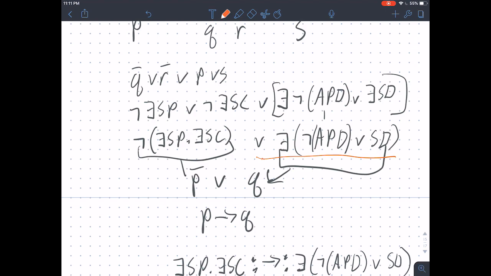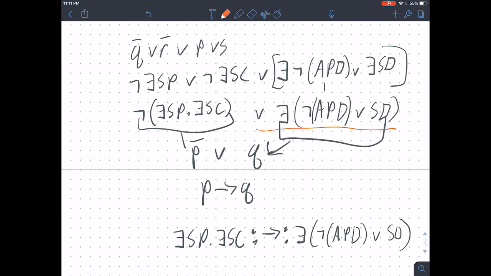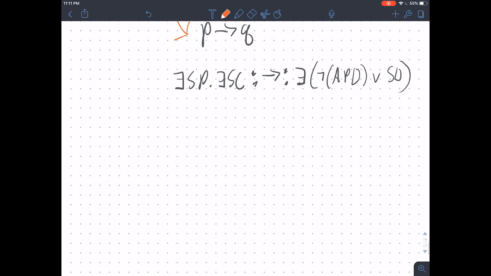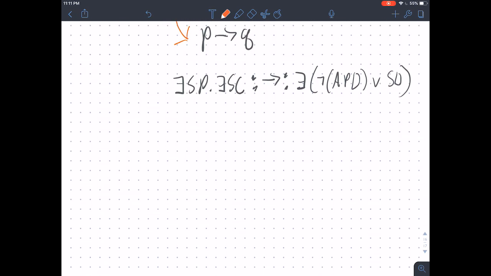And then we used De Morgan's law to turn this alternation of negated Boolean existence schema into just a negation of a conjunction of them. And then we used our equivalency law for eliminating conditionals in reverse to turn this into an existential conditional.